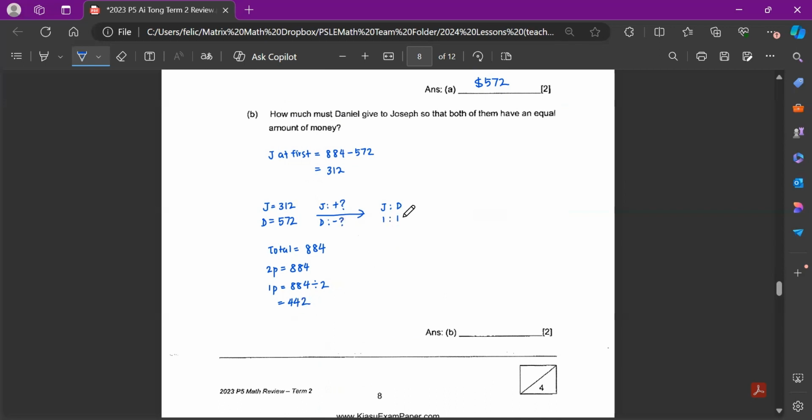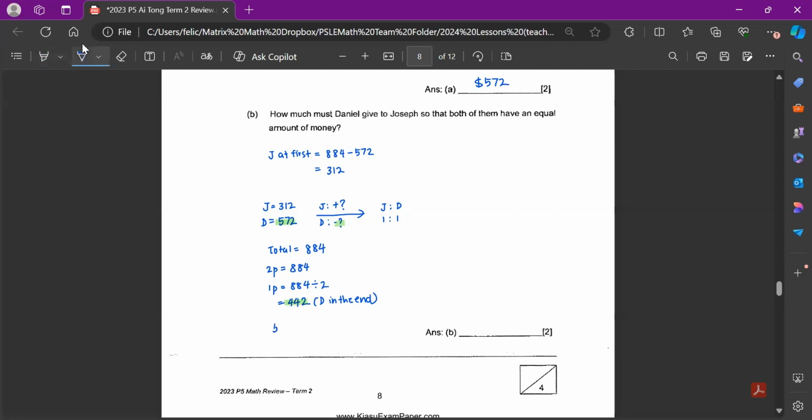That means 442 is what Daniel has in the end. Okay, so I'll put D in the end. So that means now I can find out how much Daniel gave away by focusing on Daniel at first, Daniel's change, and Daniel in the end.